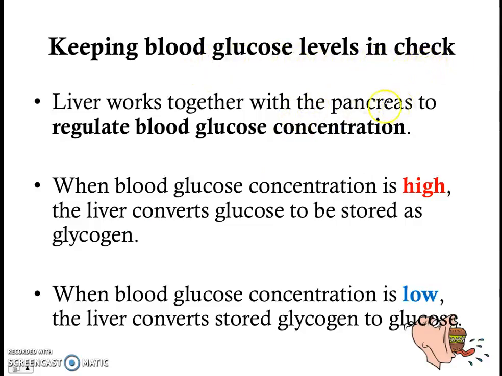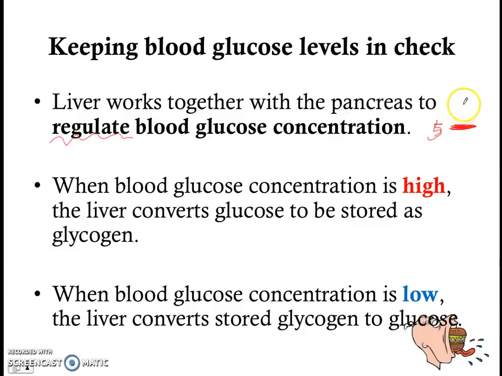The liver works together with the pancreas to regulate blood glucose concentration. Okay, here the word regulate means to keep the blood glucose concentration relatively constant. Right, so imagine I want to keep my blood glucose level at about this point, let's say at about 5 units.